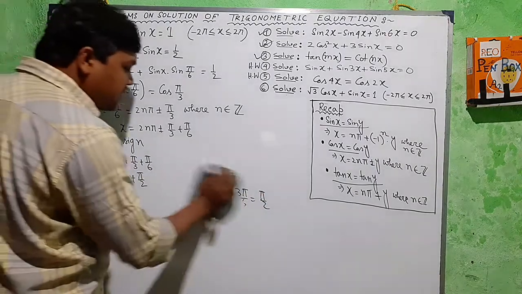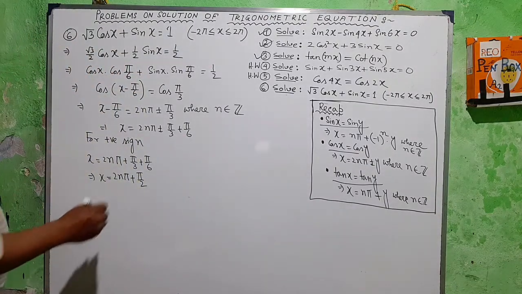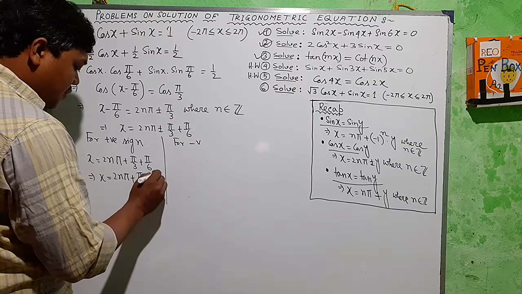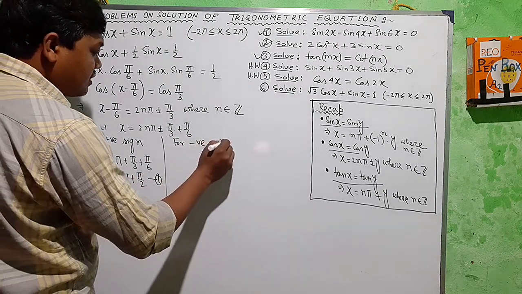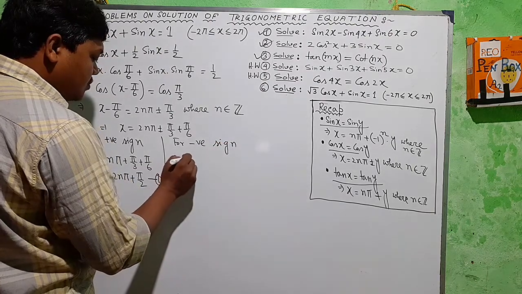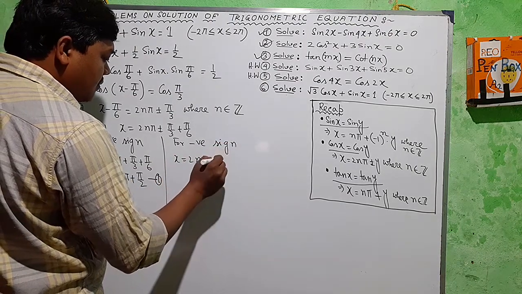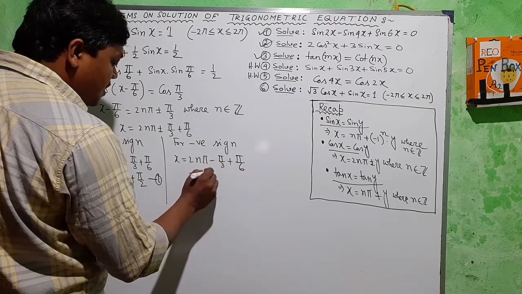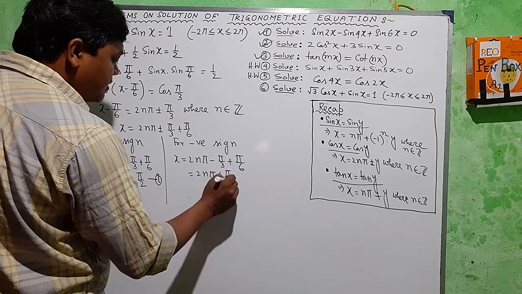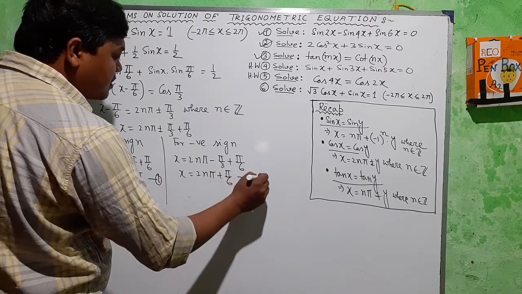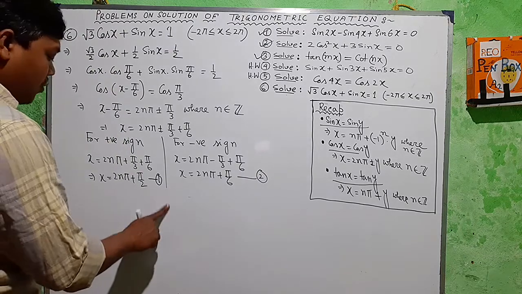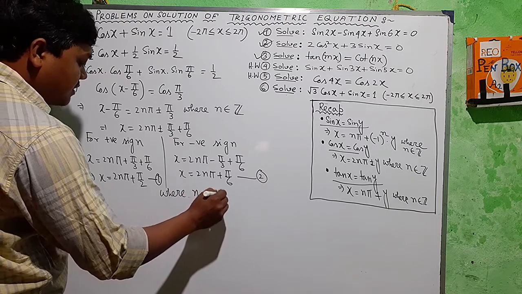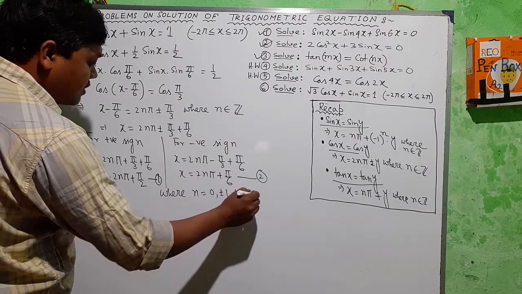So x equals 2n pi plus pi by 2. That means 60 plus 30 degree, that is 90 degree. This is equation number 1. For the negative sign, x equals to 2n pi minus pi by 3 plus pi by 6, that gives 2n pi minus pi by 6. This is equation number 2. And in both cases n takes the value 0, plus minus 1, plus minus 2, and so on.